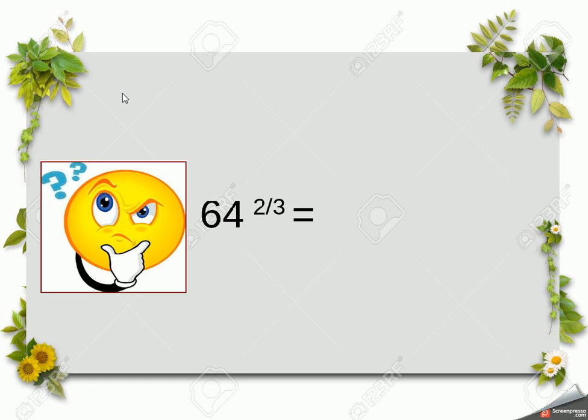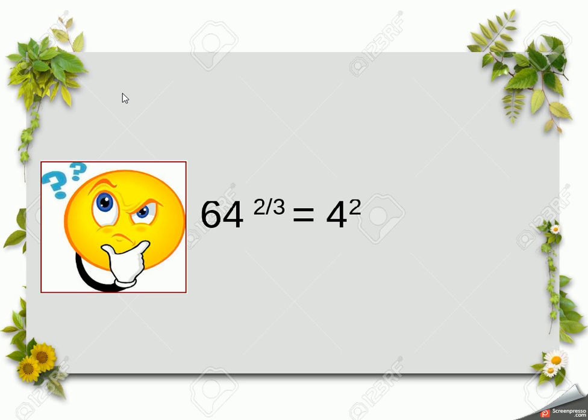Because it's easier with this number, I'm going to cube root it first. So I do the cube root of 64. I find out what number multiplied by itself twice is 64. So what number times what number times what number gives you 64. And then I square it. So the root is the denominator, and then I put it to the power of the numerator.